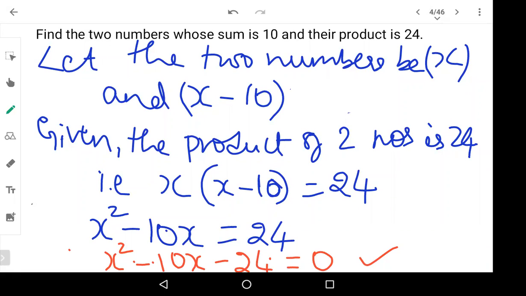Okay, now for this, find out what is a, b and c. So here a is equal to 1, b is equal to minus 10, c is equal to minus 24.